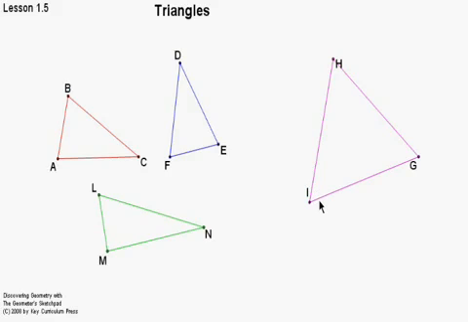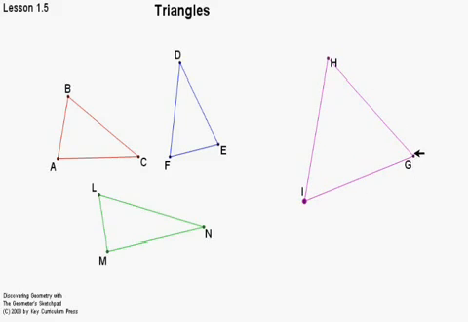It can be a small equilateral, like here's a real tiny one, but it's still equilateral because all three sides are the exact same length and all three angles are the exact same measurement. Or it can be a really big one, same idea.